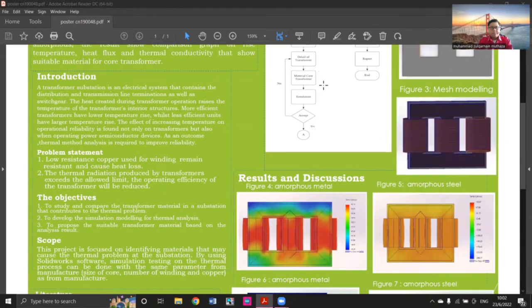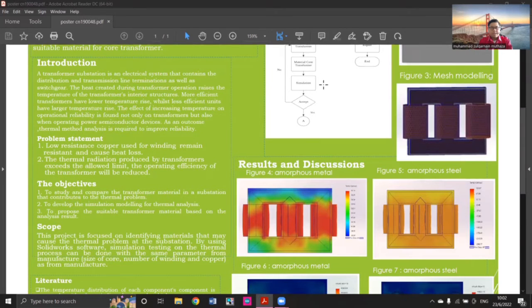My objective is to study and compare transformer materials in substations that contribute to the thermal problem, which is the core transformer material. I developed the simulation modeling to do the thermal analysis using SolidWorks simulation, and then I propose the suitable transformer material based on the analysis result.